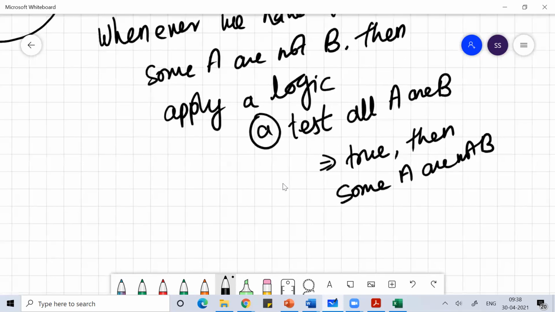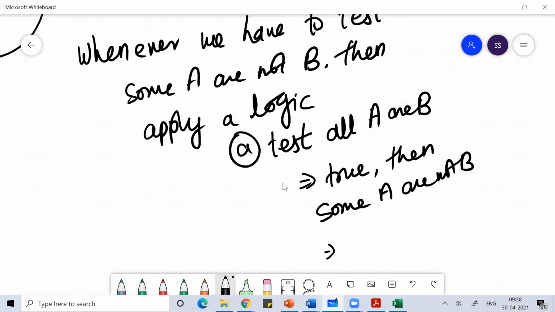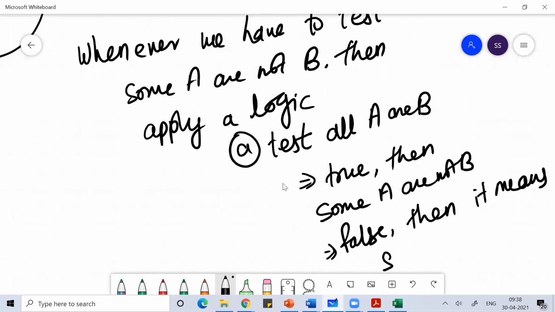But if you get the answer false, it means some A are not B. Doing this experiment directly is a little bit difficult when solving the question.